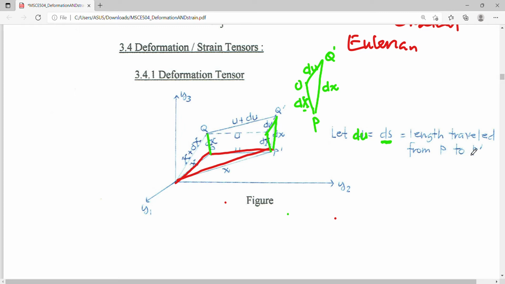Sorry, this is P to O to P prime, or rather O to Q prime. So this is the one that we are referring to here, okay?